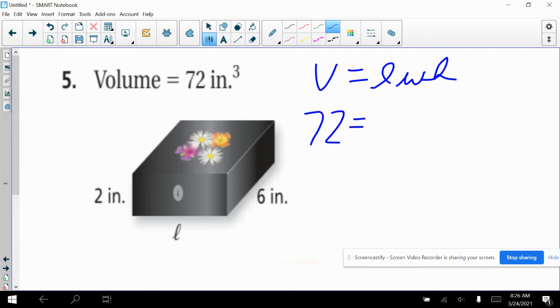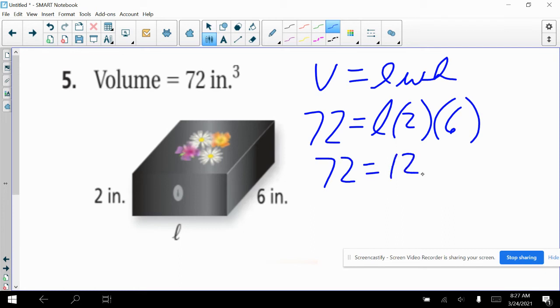72 is the total. That's the volume. We don't know the length. 72 is equal to 12L, yes? That's what you should have got there. After you combined like terms, multiplied together, divide by 12.